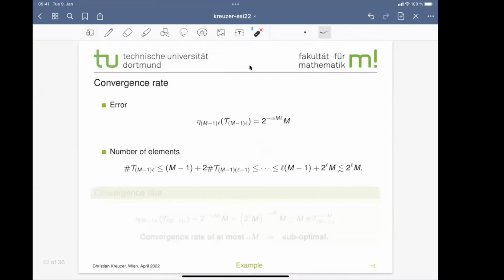Okay, now let's have a look at the convergence rate, and it's straightforward to prove that the error estimator behaves like 2 to the minus alpha times m times L. We finish all these m-1 iterations, you know what I mean.